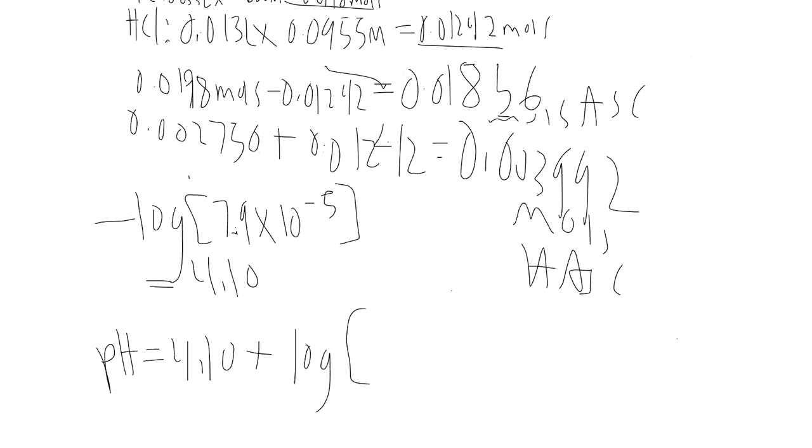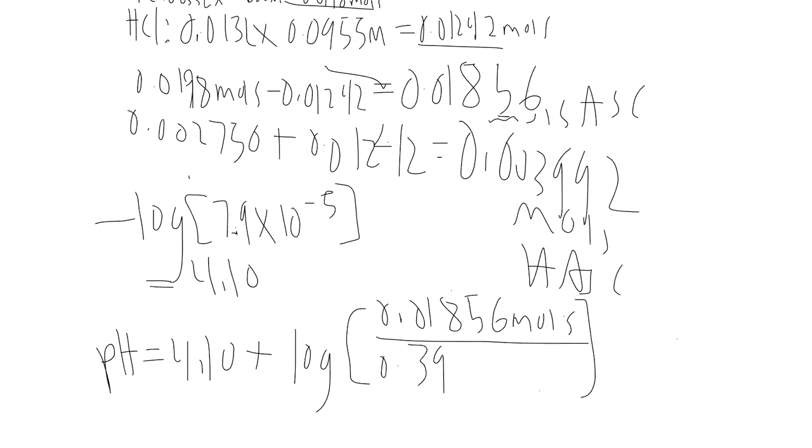In this case, we're going to do moles because I've explained many times why we can. Moles. Okay, and that's going to be over 0.003992 moles of the acid, in this case, the ascorbic acid.